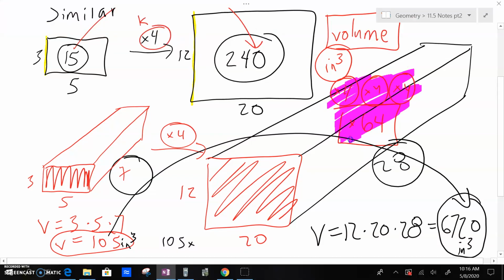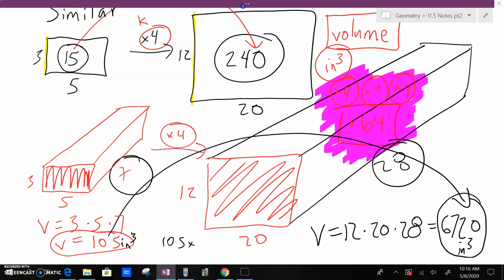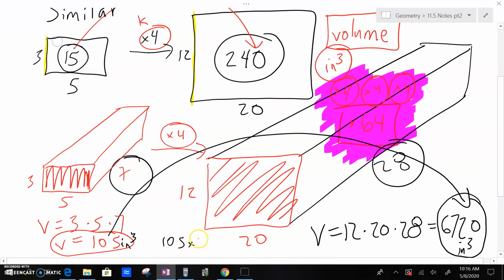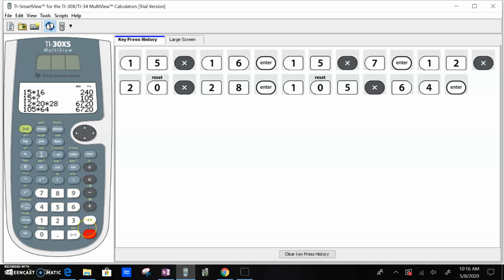That's this. So 4 times 4 times 4 is times 64. So I need to take that 105 and multiply it by 64, and I should get 6,720. Let's go over to our calculator. Let's do 105 times 64. Hit enter, and there's our 6,720, and we've got our match.